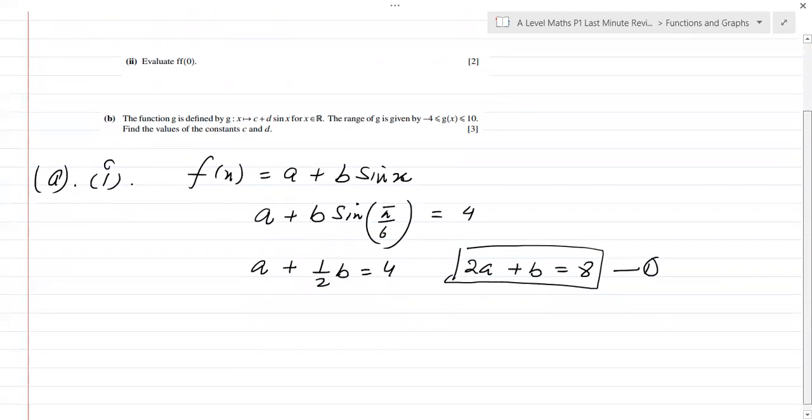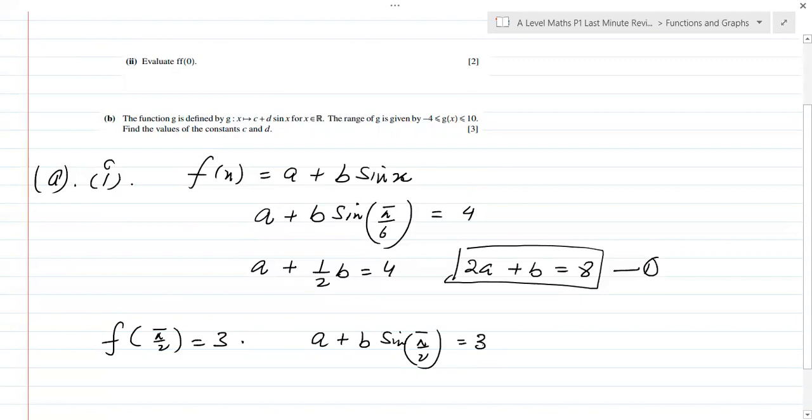The second equation we get from the second coordinates that we had, which was f of pi by 2 is equal to 3. So we have a plus b sine pi by 2, and we equate the whole thing to 3.